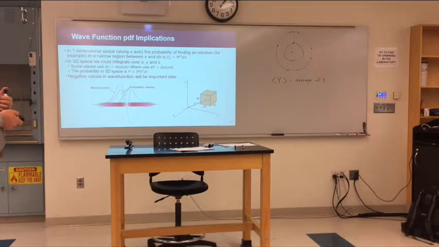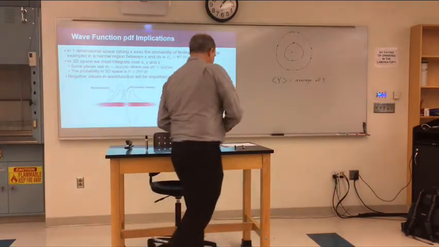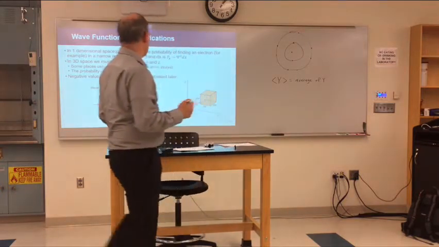In three-dimensional space, it wouldn't be a sliver between one x value and another x value. It would be between x and x, y and y, z and z, and so you're talking about a box, right?